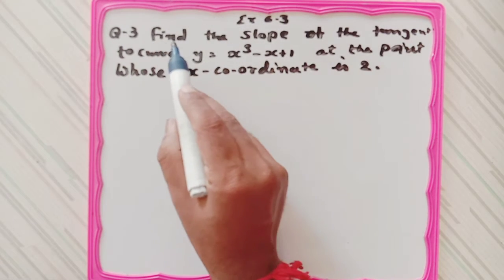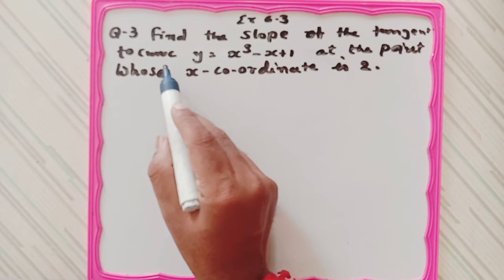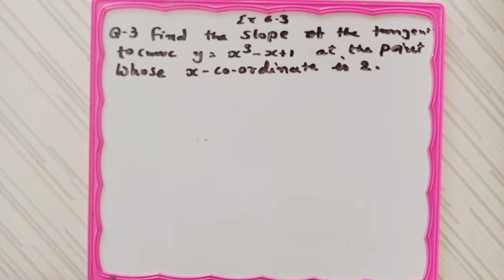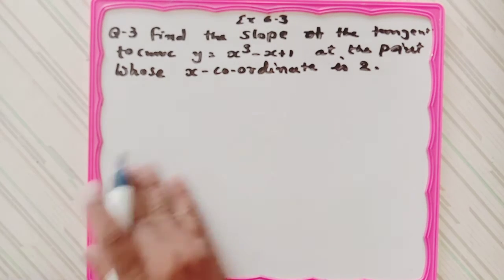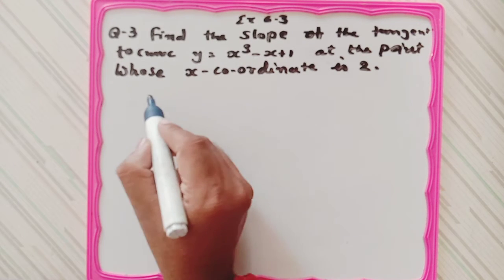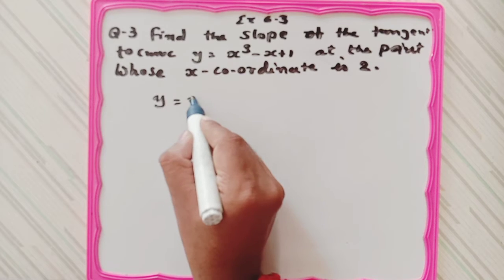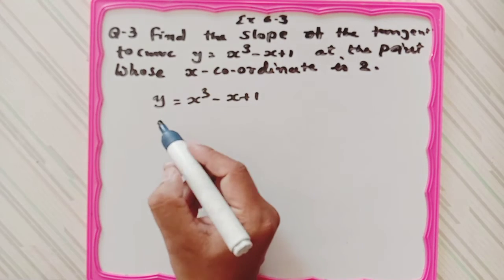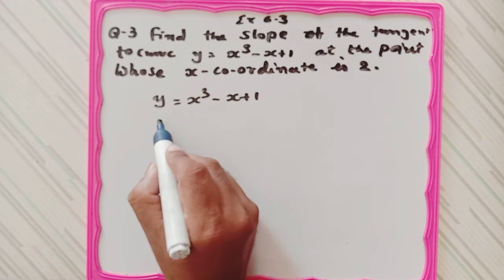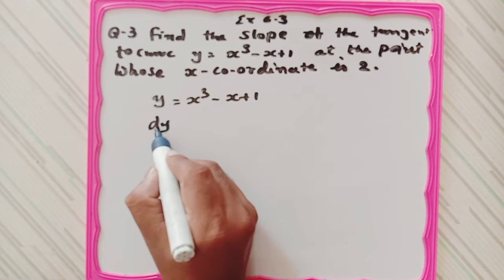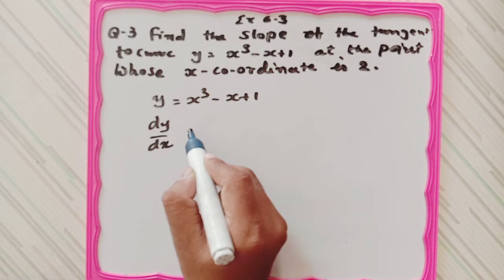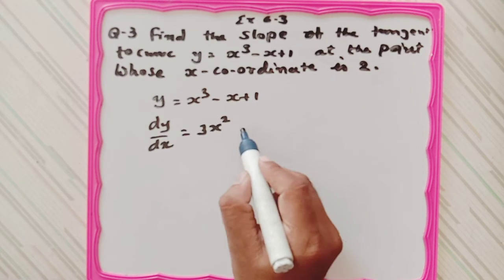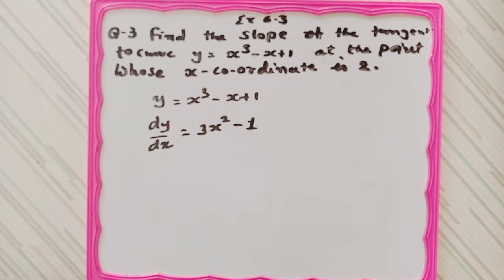Question 3: find the slope of the tangent to the curve y equals x cube minus x plus 1 at the point whose x coordinate is 2. So we have the curve y equals x cube minus x plus 1. We take its differentiation with respect to x, and dy by dx will be 3x square minus 1.